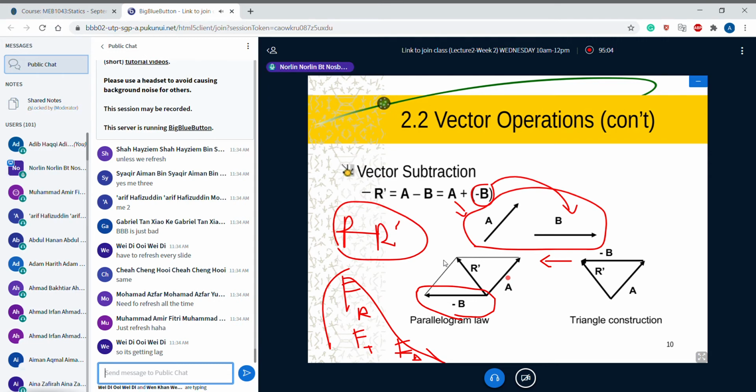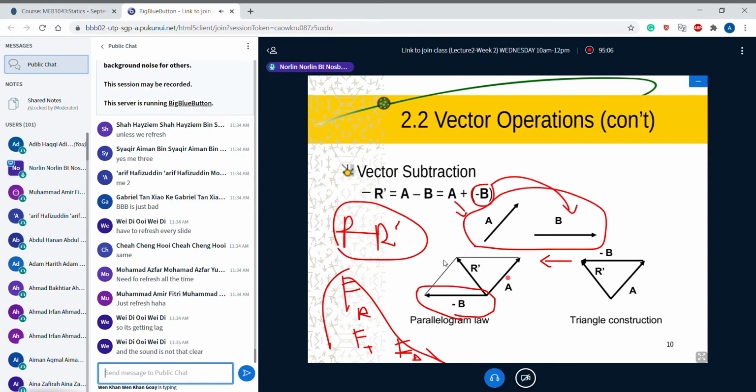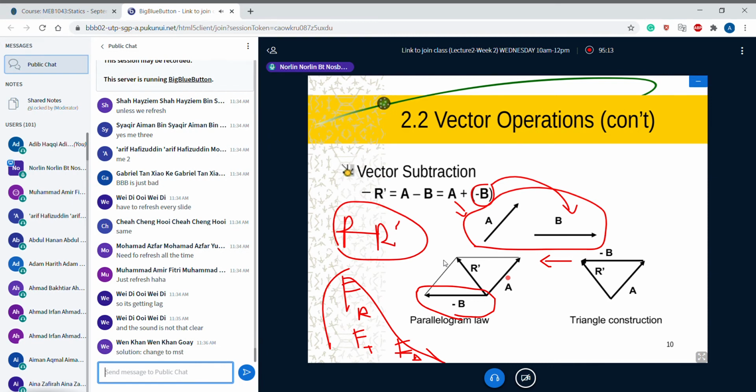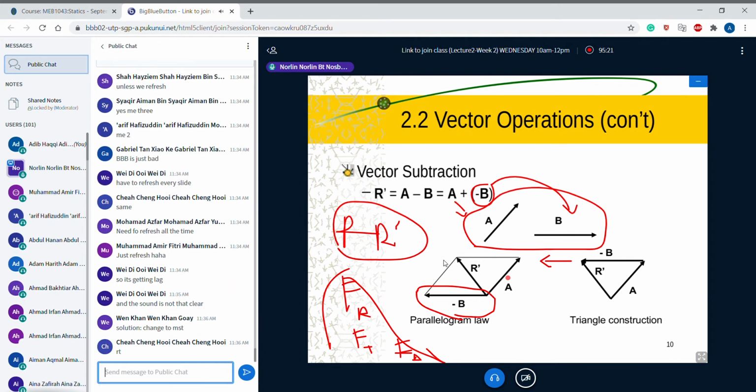Okay, for now, try to rejoin. You need to log out and rejoin. Make sure you clear all the links that you have opened before, because your name cannot be double listed.